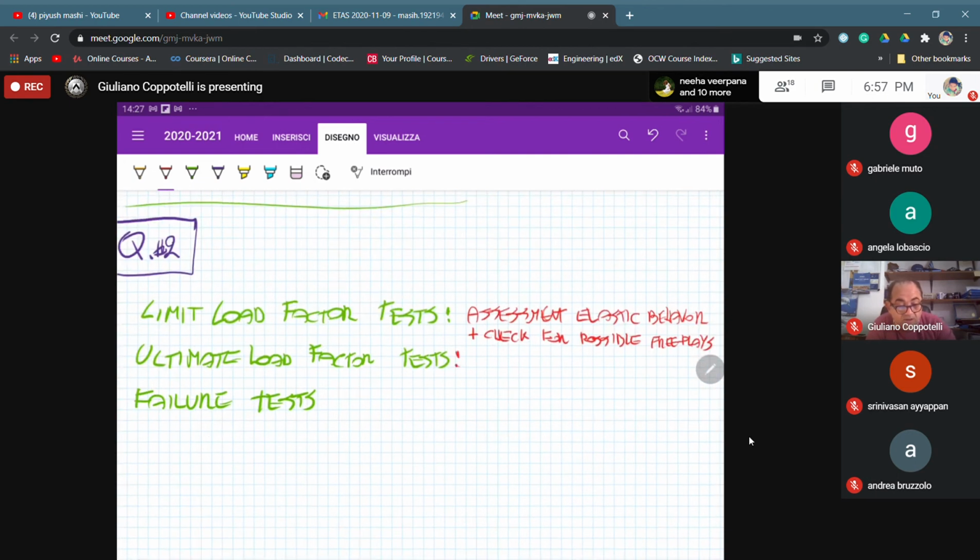What about the ultimate load factor test? For this test, we are checking the elastoplastic behavior, and therefore some damage or failure in some components.